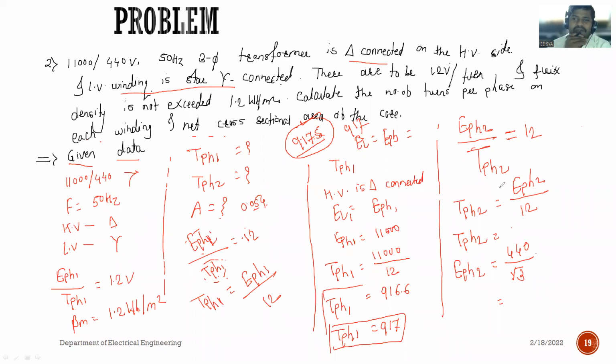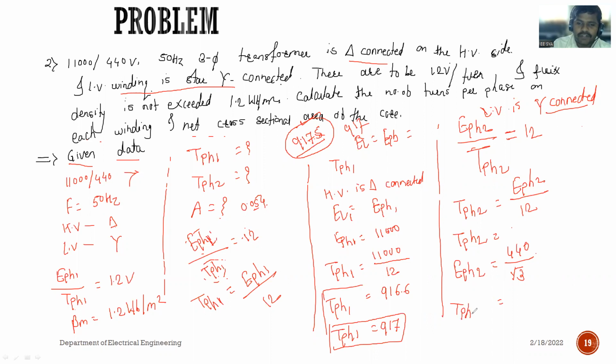So we are just making a mistake here. Otherwise, if you don't know, then write here the sentence: LV side is star connected. Then you remember the relation. तुमच्या लक्षात येईल लाईन व्होल्टेजचं आणि फेज व्होल्टेजचं रिलेशन इन केस ऑफ स्टार. किती येते व्हॅल्यू आता TPH2 ची? 21.19.